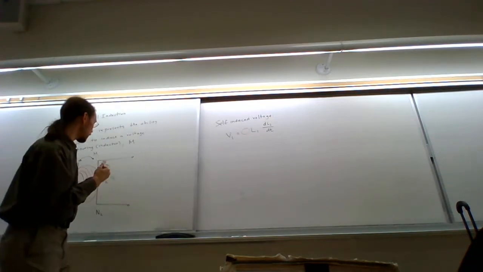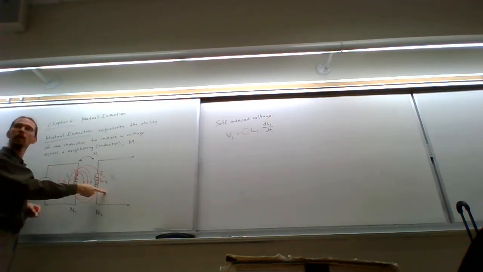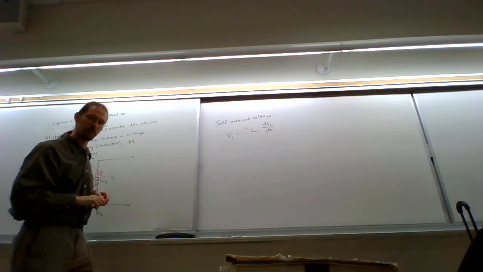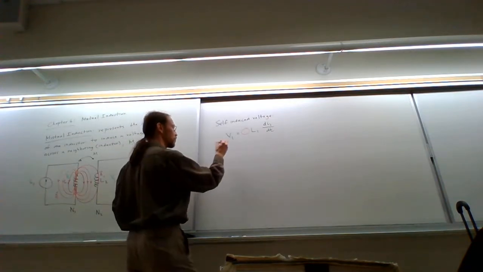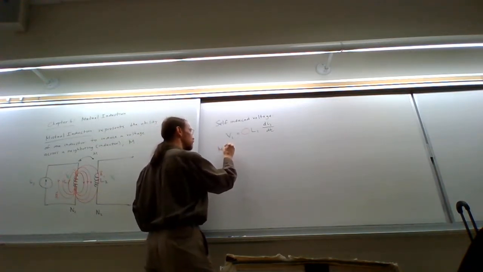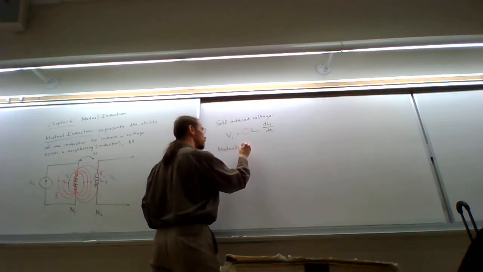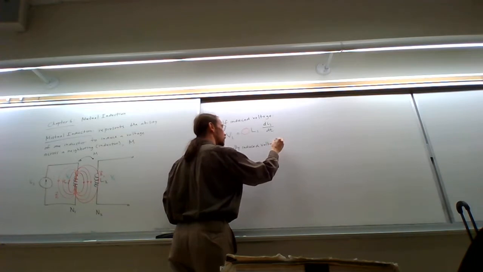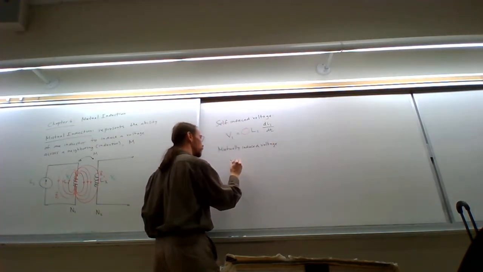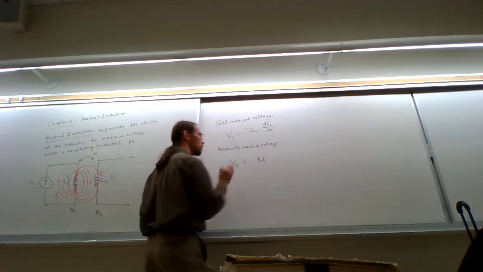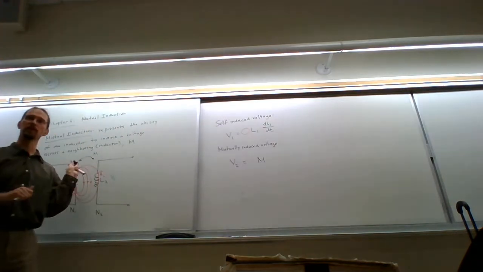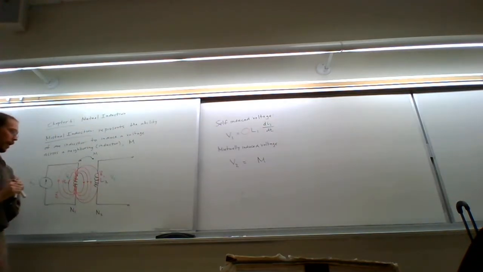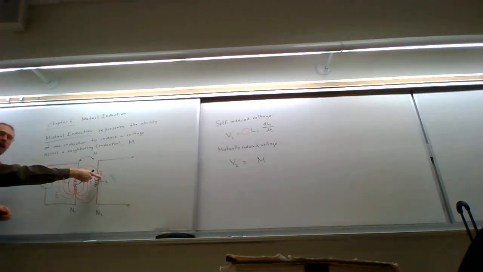Now, there's also going to be a mutually induced voltage across these coils, and this is what they call the mutually induced voltage. And this voltage V2 is going to be the mutual inductance between the two, and the current that is generating the magnetic field, which is changing the flux, is I1.